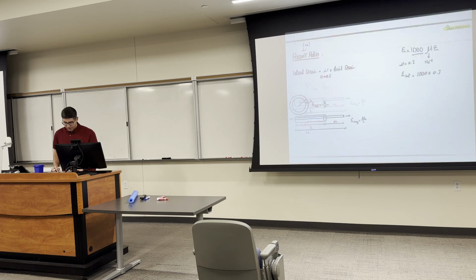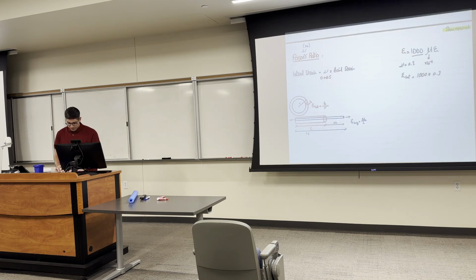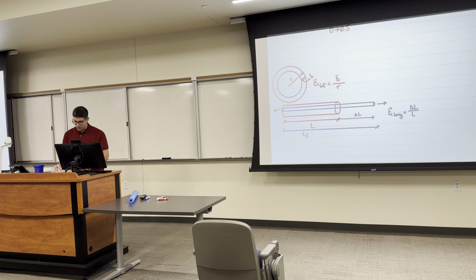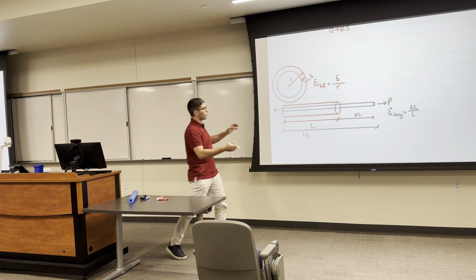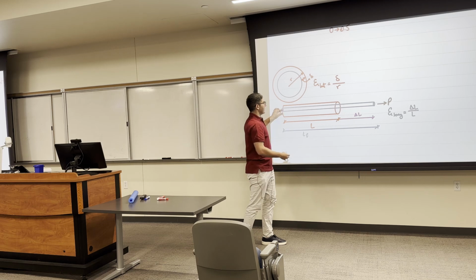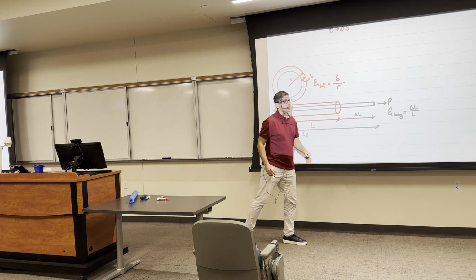So, for example, if I have this red cylinder, and the original length of that red cylinder was L, and I elongated it by applying a force P, so the cylinder elongated by delta L. So I have now an elongation. If you imagine this, you all agree with me, if I apply this force along this cylinder, it's going to increase in length and the diameter is going to decrease, okay?